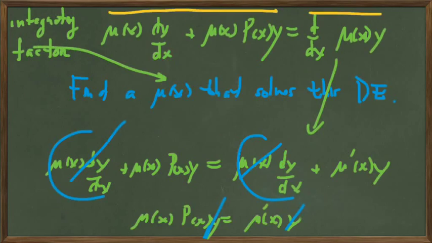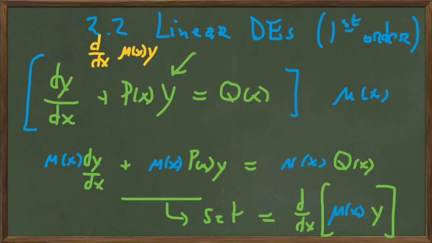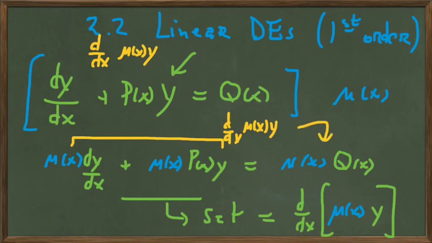Right? That's our differential equation. We replaced this left-hand side, all of this, with d dx of mu of x y, and that's equal to this right-hand side, which was mu of x q of x.